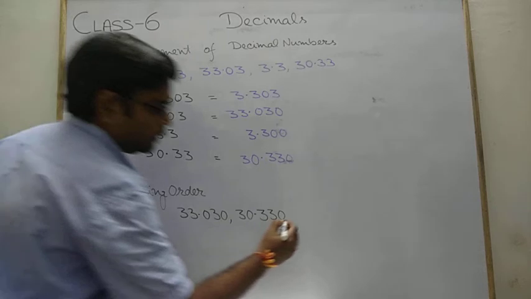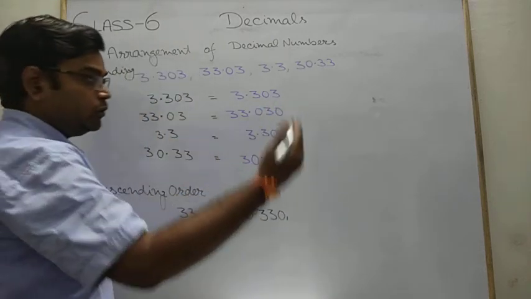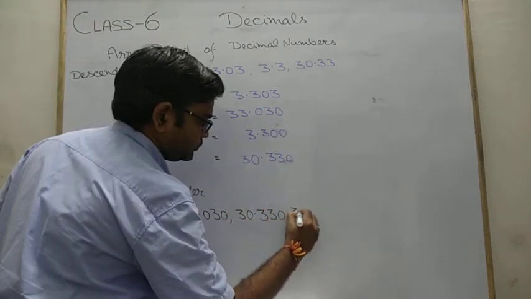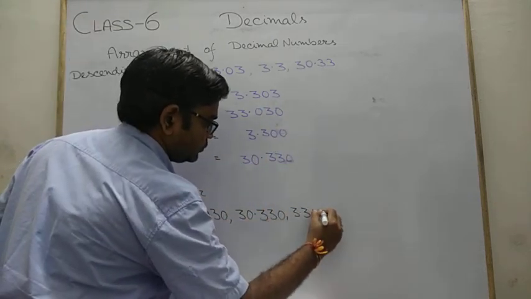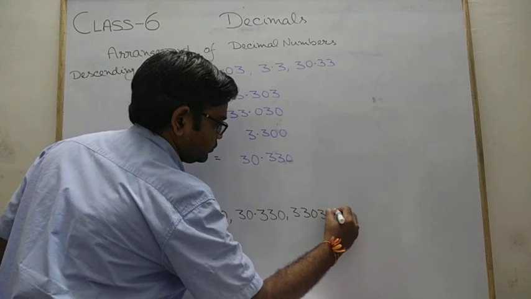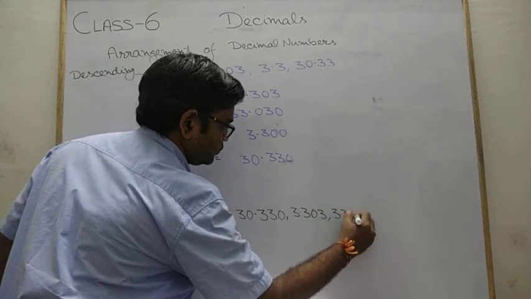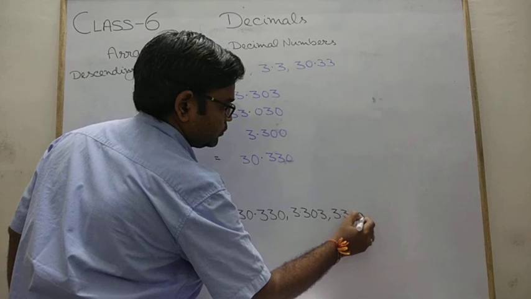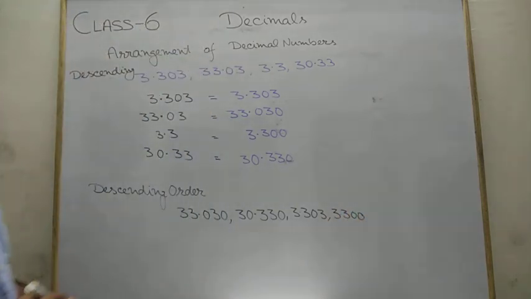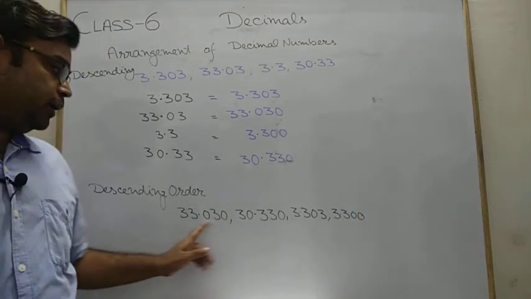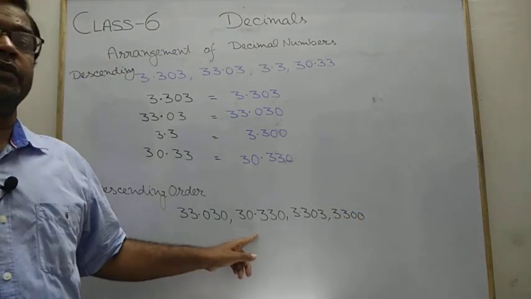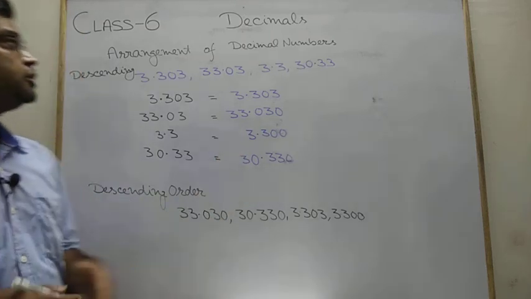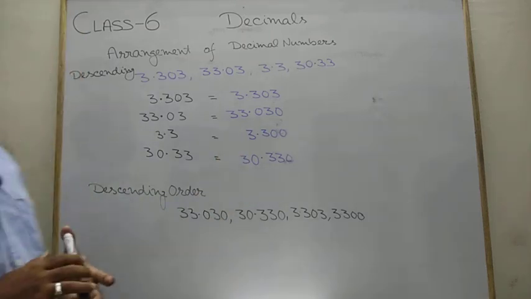Always remember that we go from highest to lowest. Clear? So these are in descending order. Every number is smaller than the previous one. This is your arrangement of decimal numbers.